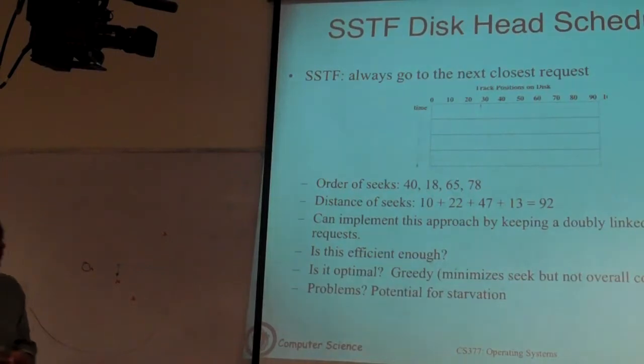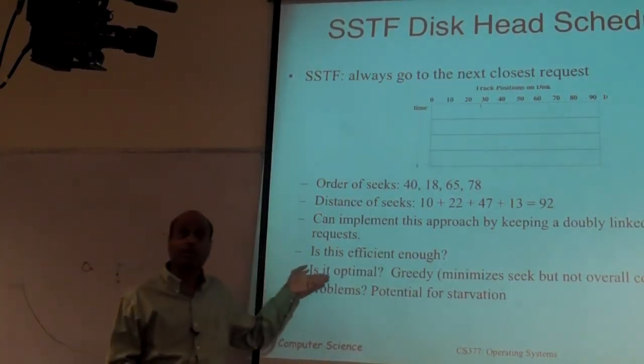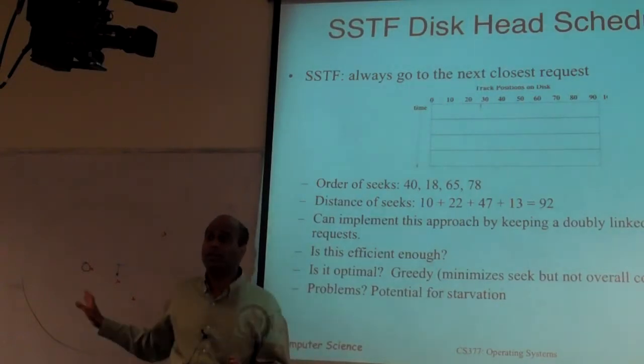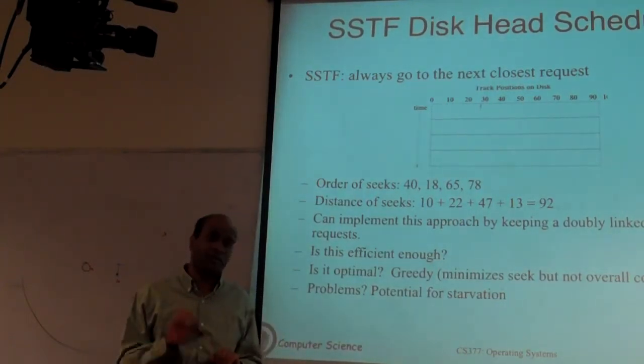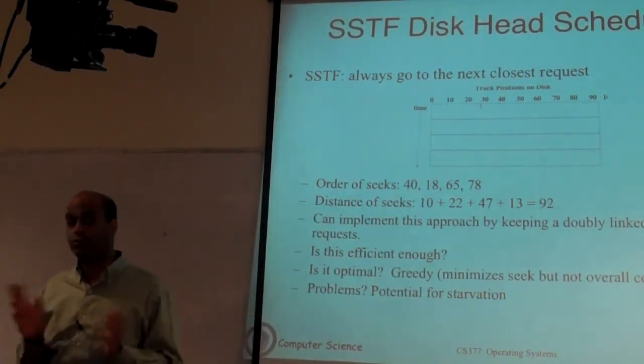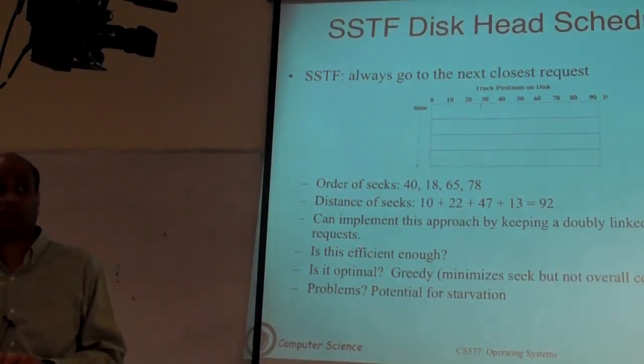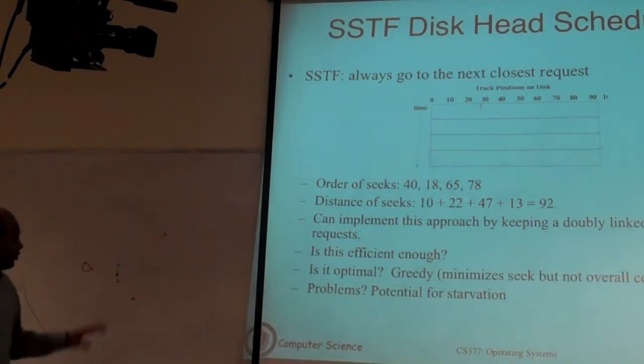As a result, you may actually get starvation. Very similar to shortest job first, this one is nearest job first, nearest block first. If you do nearest block first, then blocks or tracks that are further away are going to get discriminated against and might even starve.